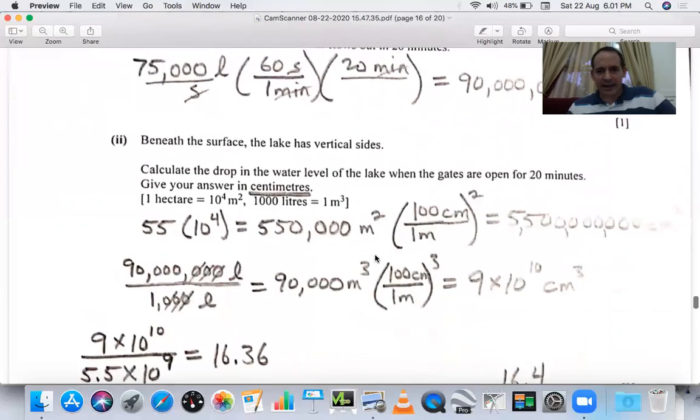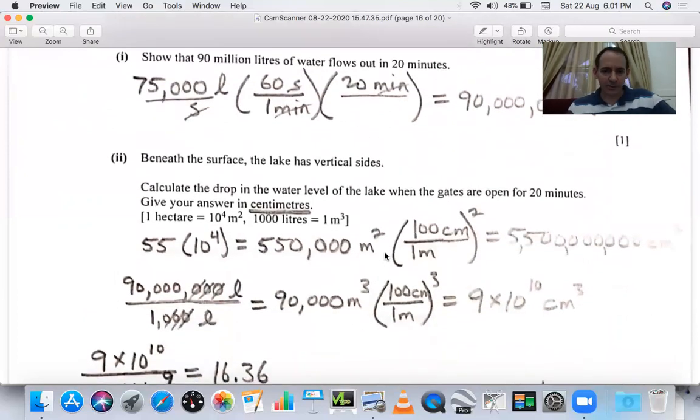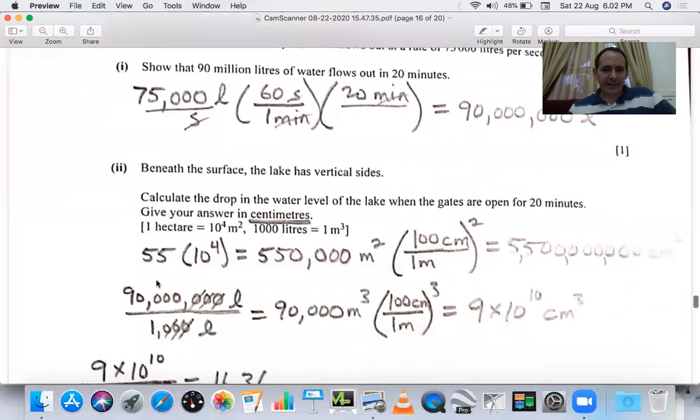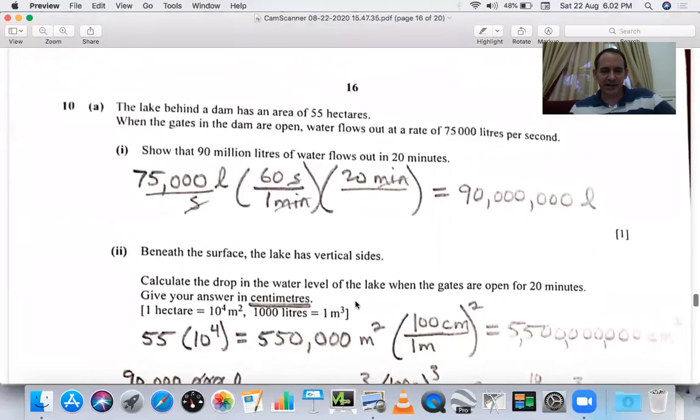Now we have a quite difficult question here where you're dealing with a volume and you want to show that the water has dropped, or calculate how far it has dropped after the gates have been open for 20 minutes. So what I did is I start with area because it gives us hectares, which is area.